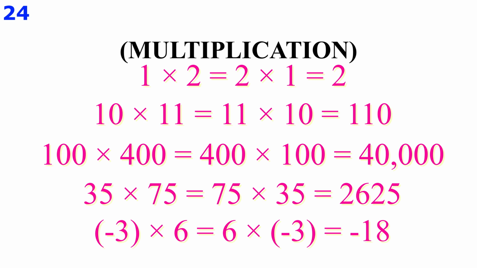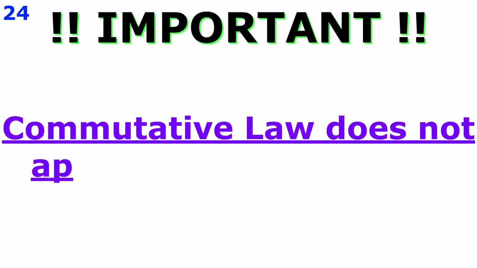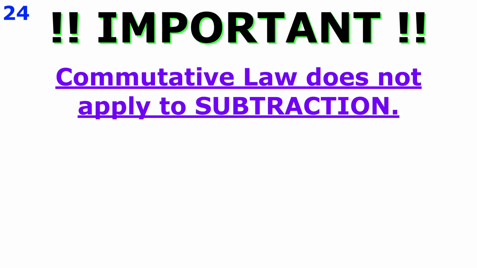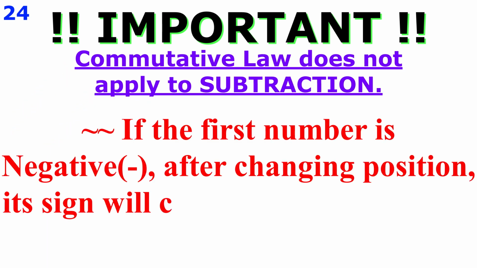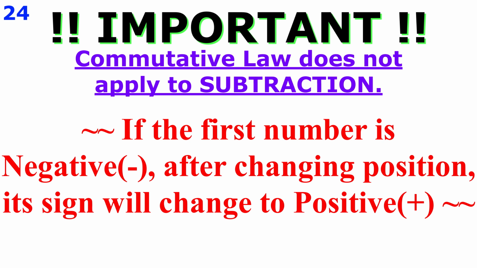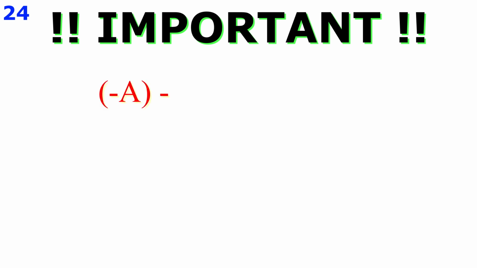My dear little friend, this law is not applicable for subtraction, because if the first number is a negative and if we change the position, then the sign of the first number will get changed to a positive sign. For example, minus a minus b equal to minus a minus b.